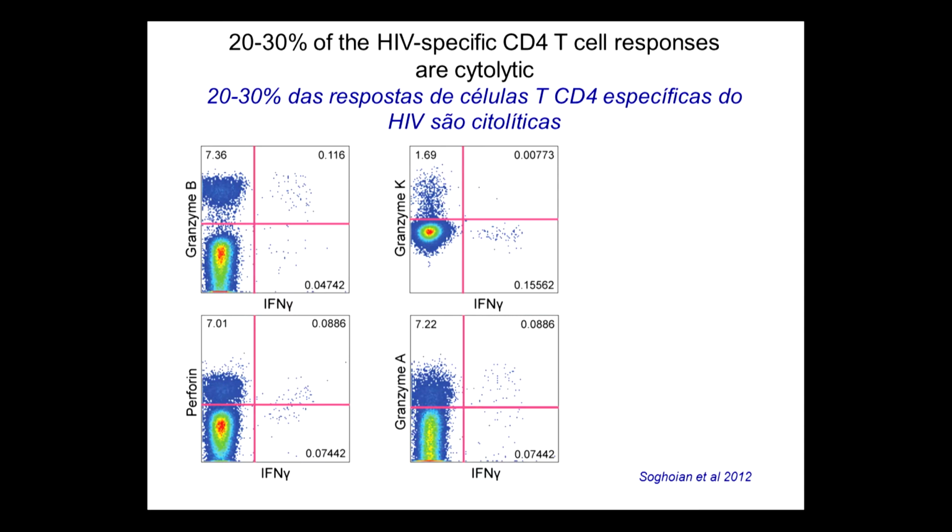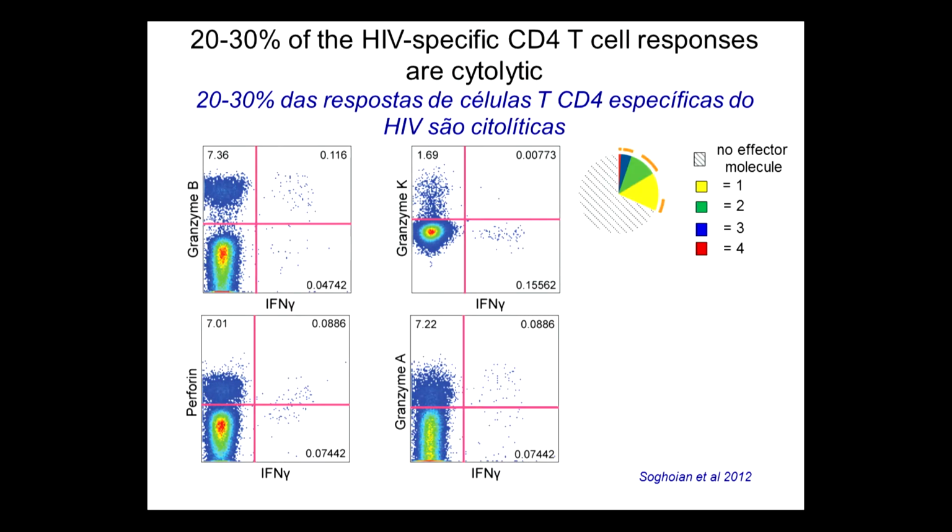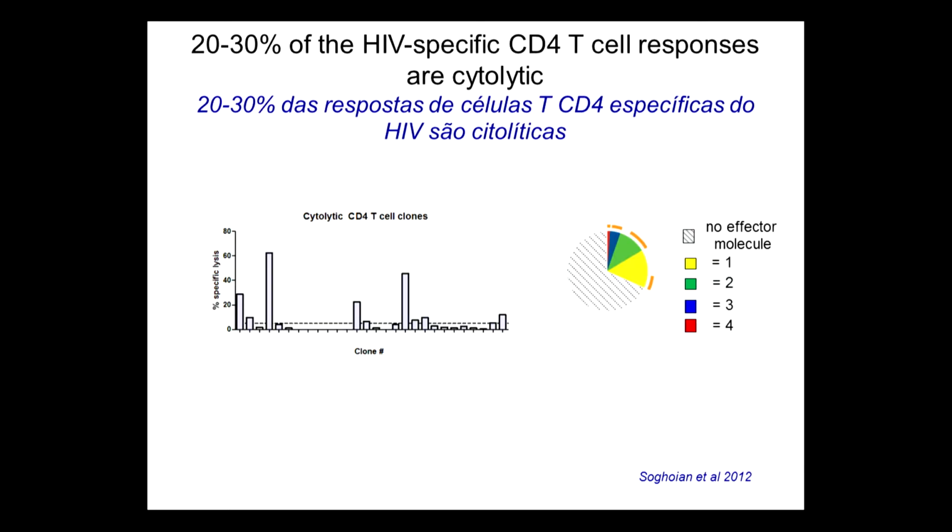In chronic infection, we see that about 20 to 30% of the HIV-specific CD4 T cells contain effector molecules like perforin, granzyme A, or granzyme B. We could further confirm this by cloning out all our GAG-specific CD4 T cell responses.